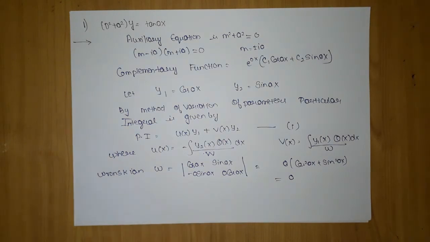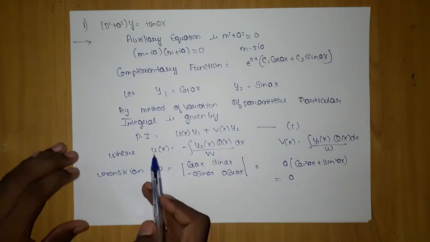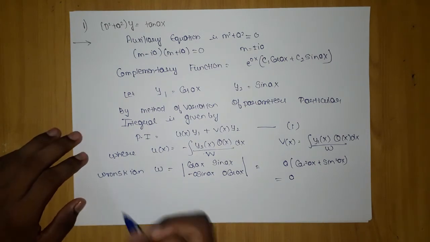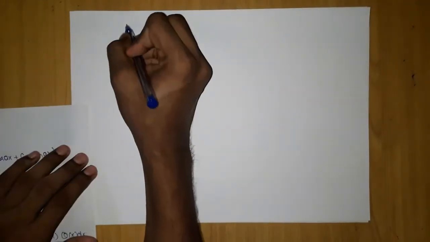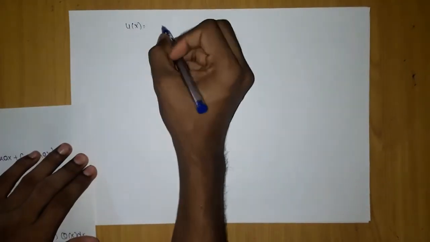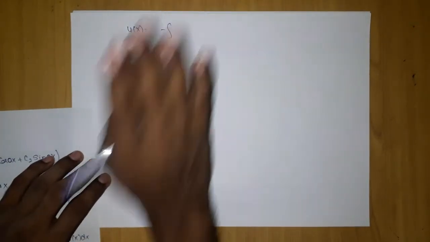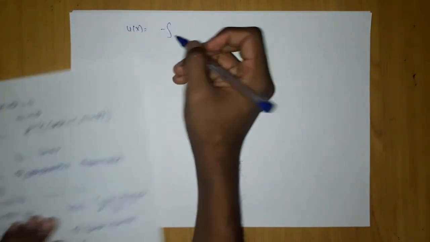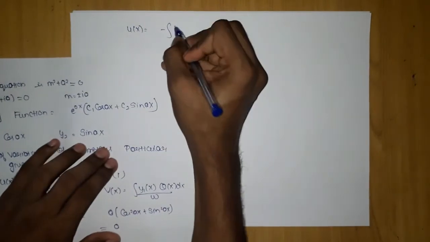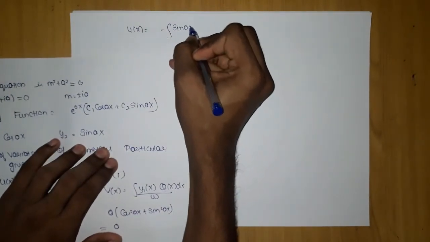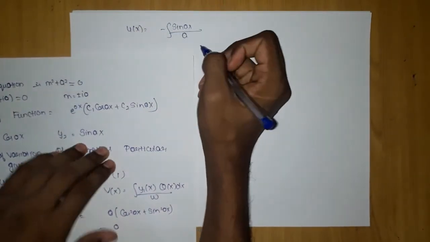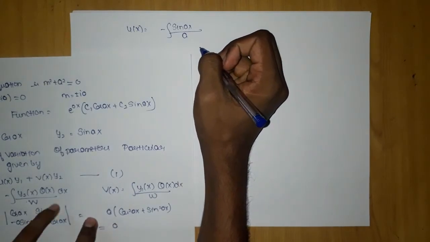So we got our Wronskian constant. Now we are going to use this to get the u of x and v of x. So let's solve u of x first. u of x is minus integral of y2, which is sin ax, by a, our Wronskian constant, into q of x.